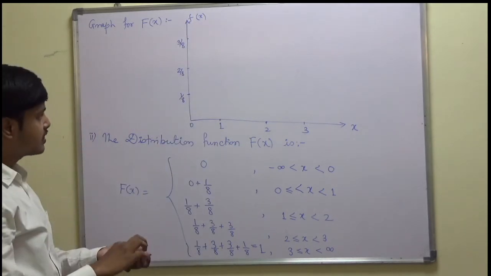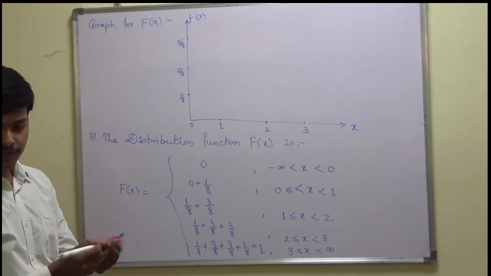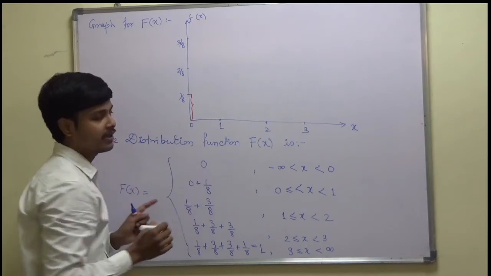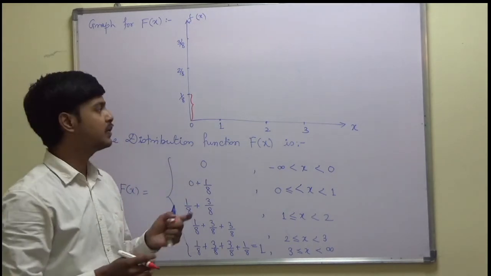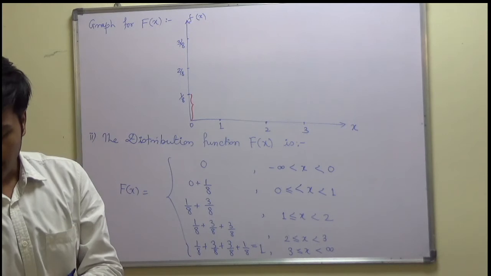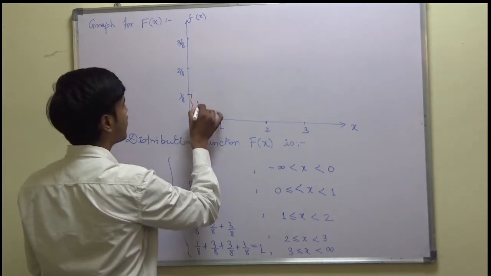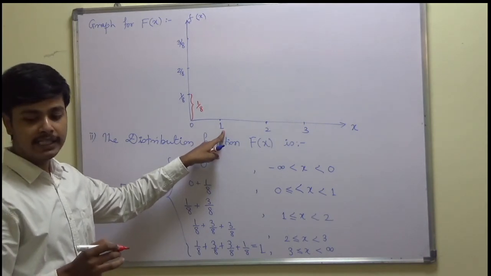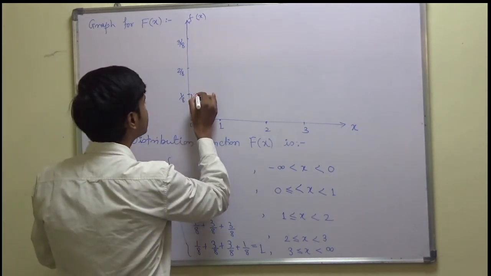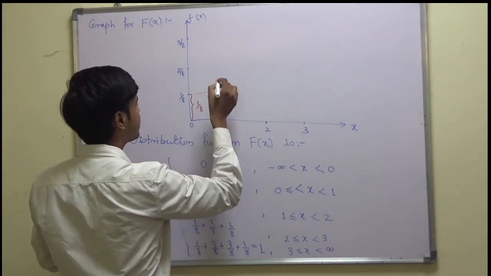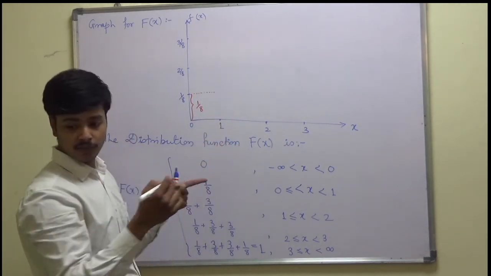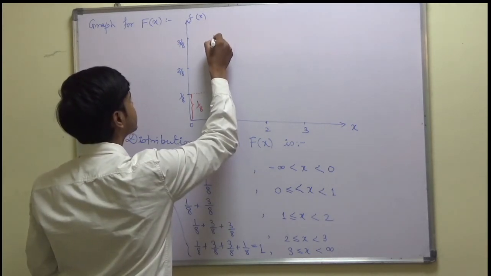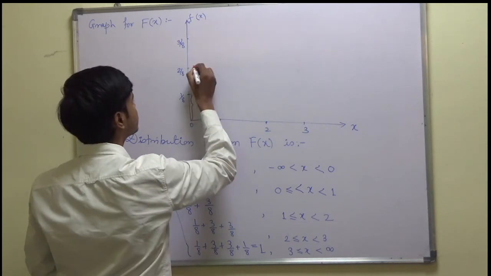So for x equal to 0, the probability is 1 by 8, so you can write here 1 by 8. Now for 1 we have the probability 3 by 8, so what you need to do is just draw like this, and for this we have the value 3 by 8.